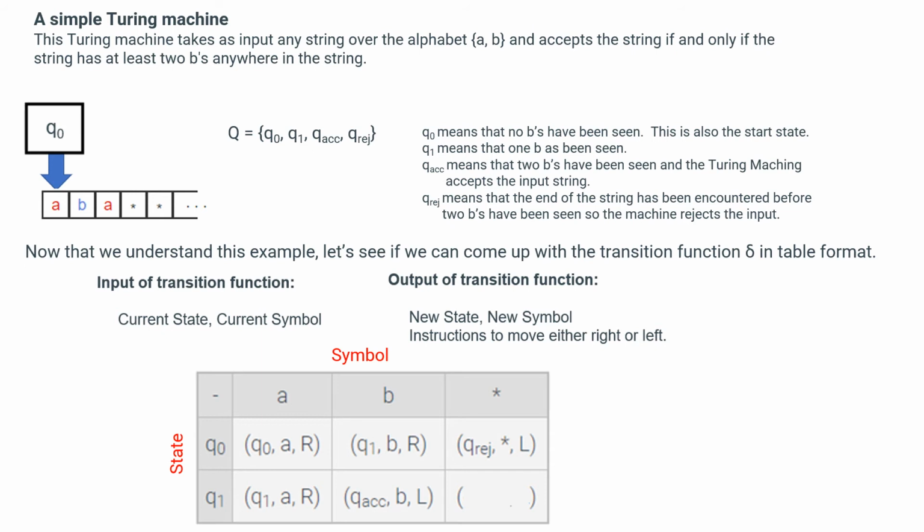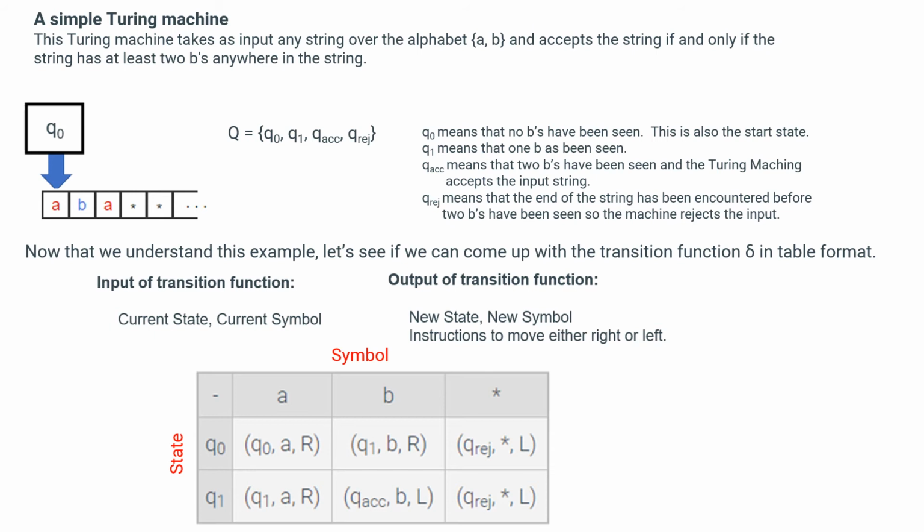What if we have Q1 and we encounter the end? It's really the same thing as if we had Q naught and encountered the end. We'd say, well, we didn't get to a second B, so it's going to be rejected. So we have QREJ, and then we don't change the symbol, and again, we decide arbitrarily to move left.